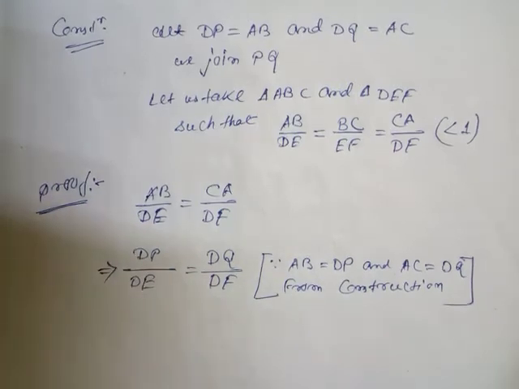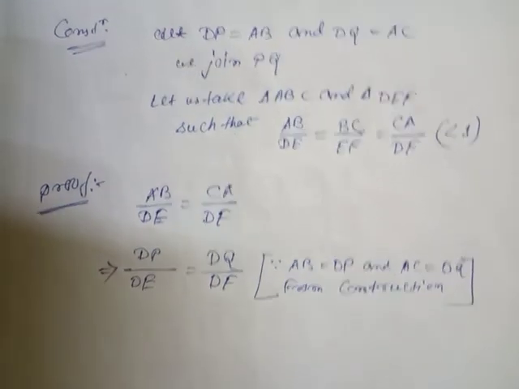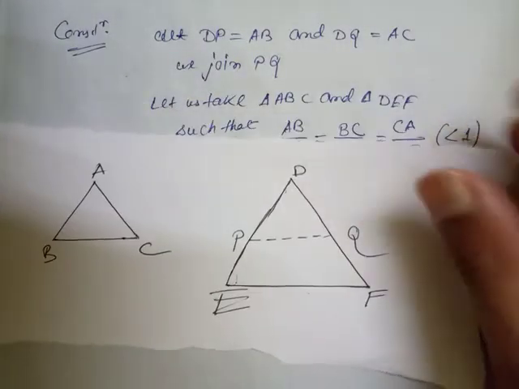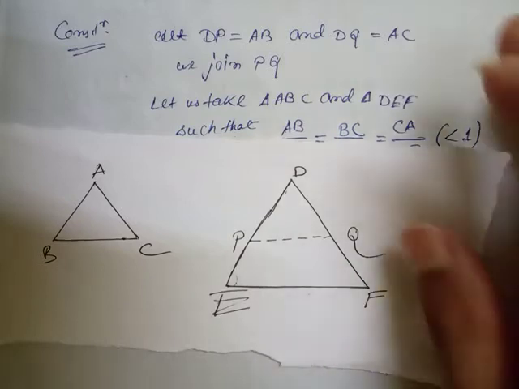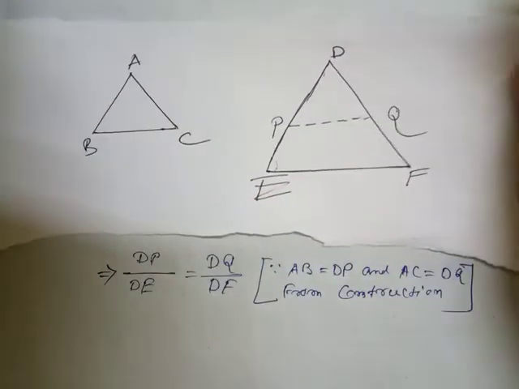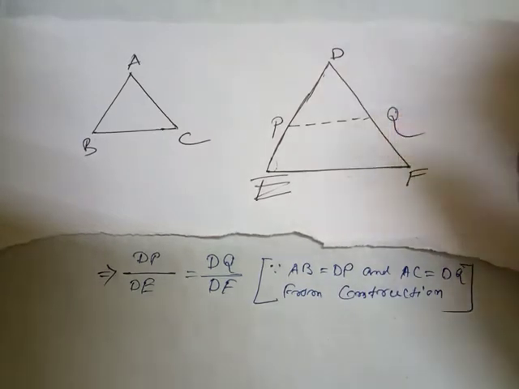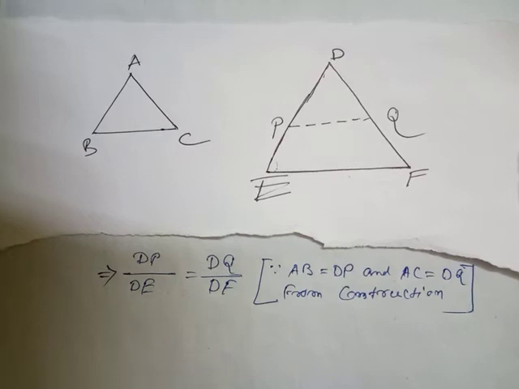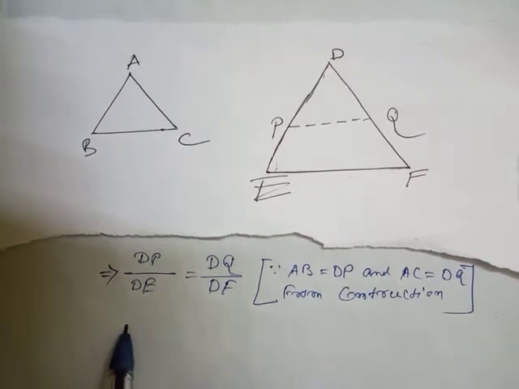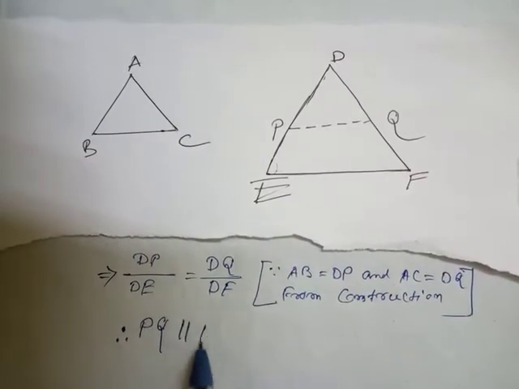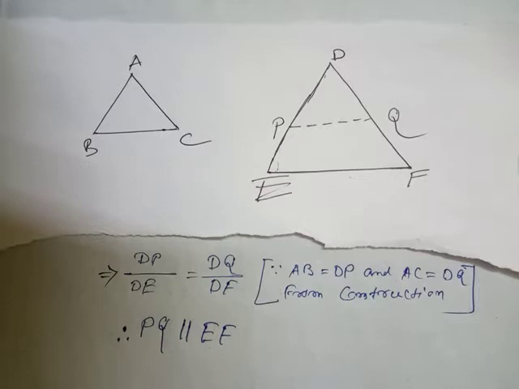Now look, DP by DE, look here student, DP by DE and DQ by DF. As you can see, DP by DE and DQ by DF. So we can write here, therefore PQ parallel to EF.